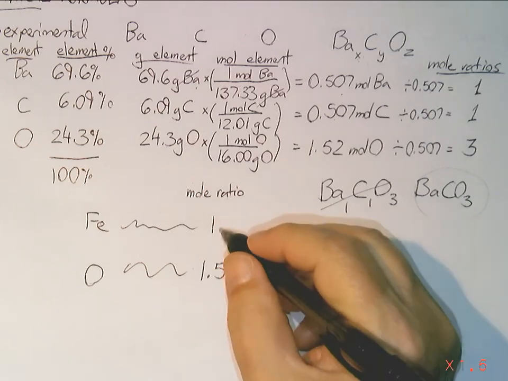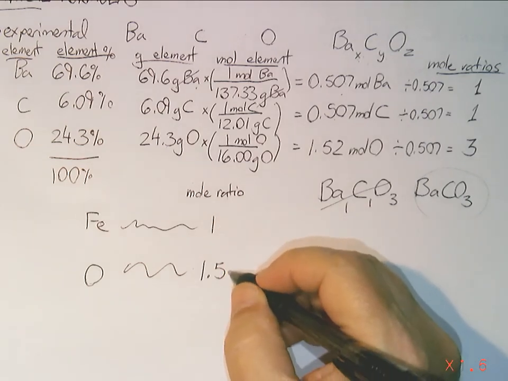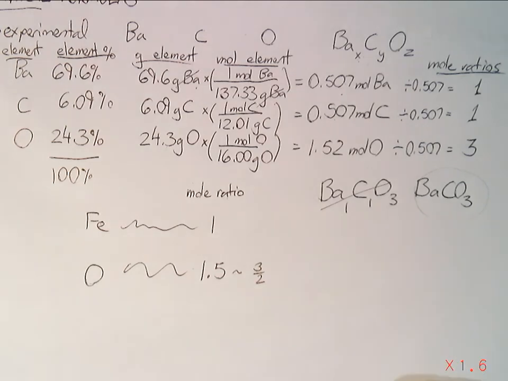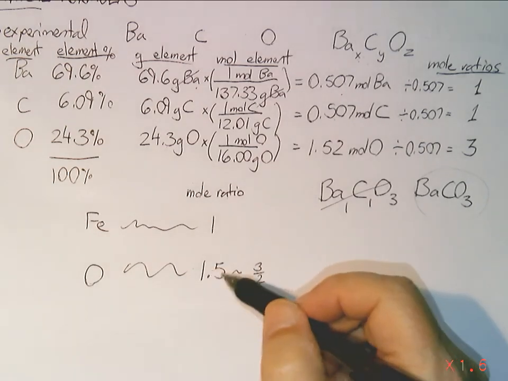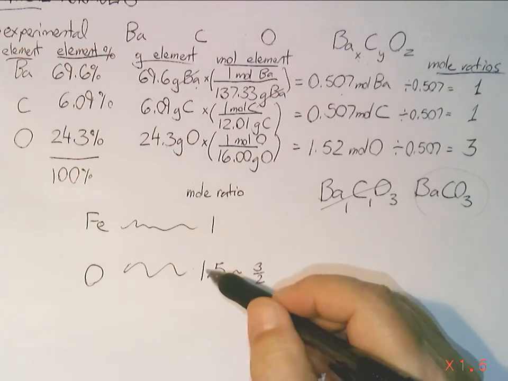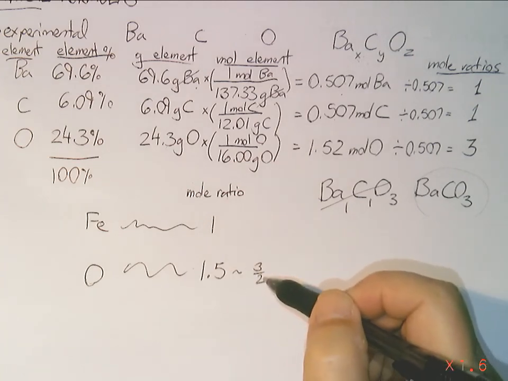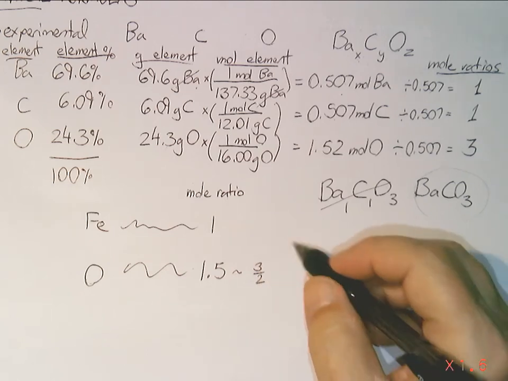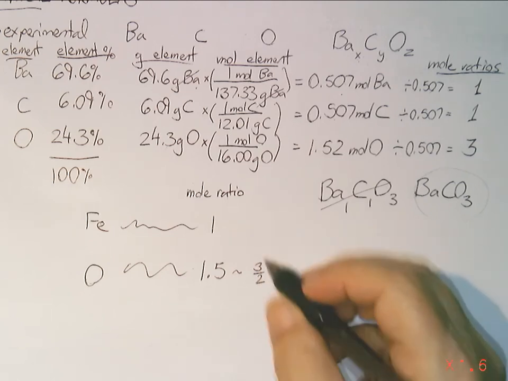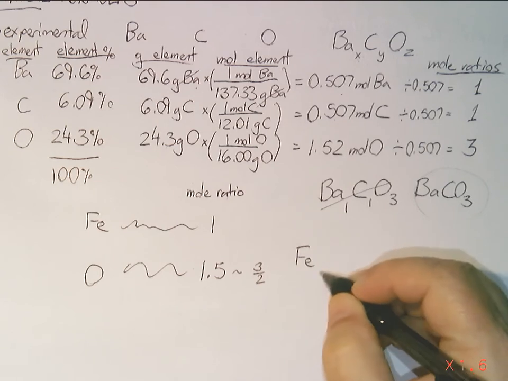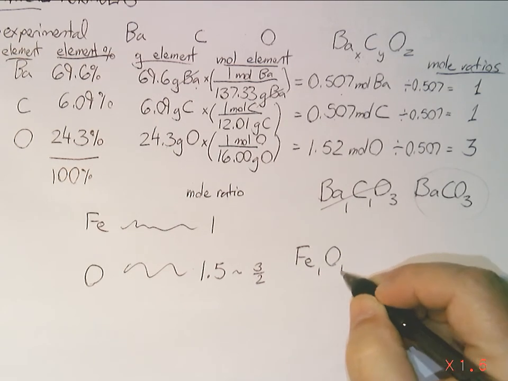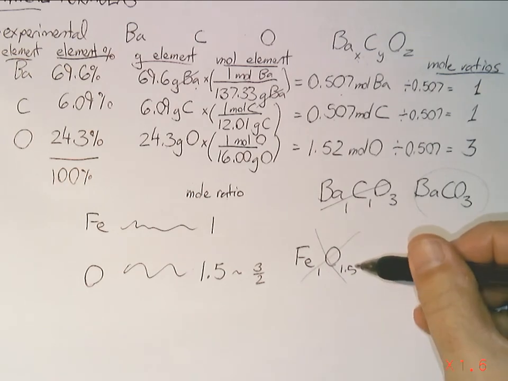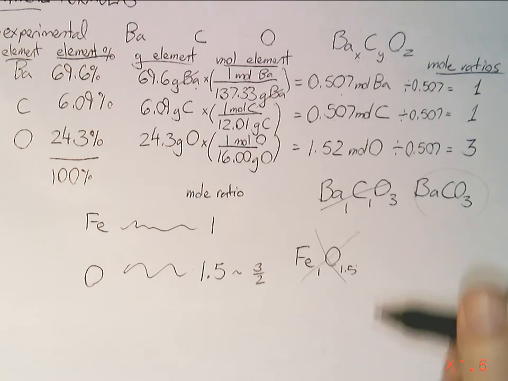Now what you have to recognize is that this is really 3/2. So when you get something that isn't an integer in the last column, you have to recognize it as a simple fraction. Now that's going to give you what we would write. Be tempted at first to write this, but that's not right because that needs to be an integer. All of your subscripts need to be an integer.